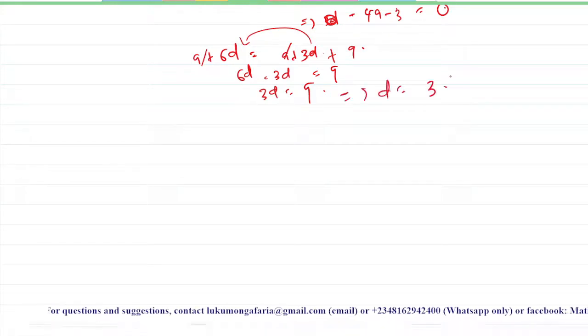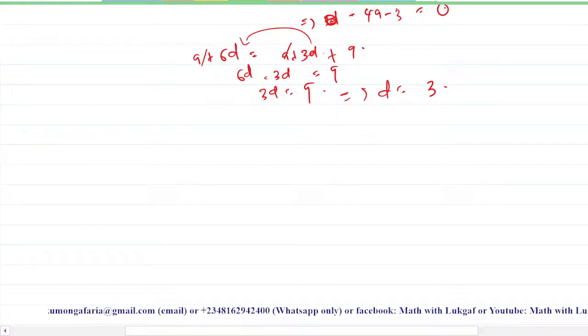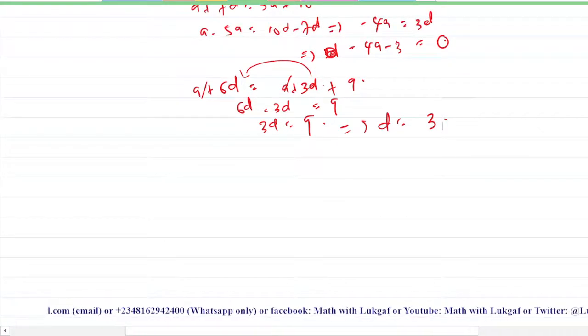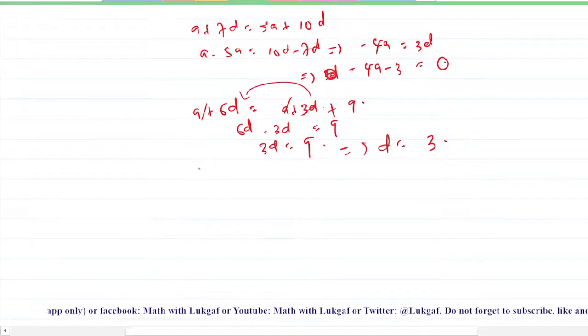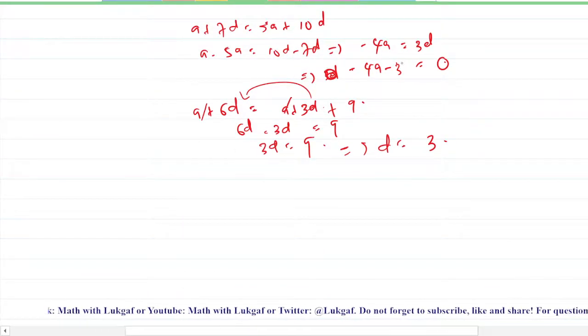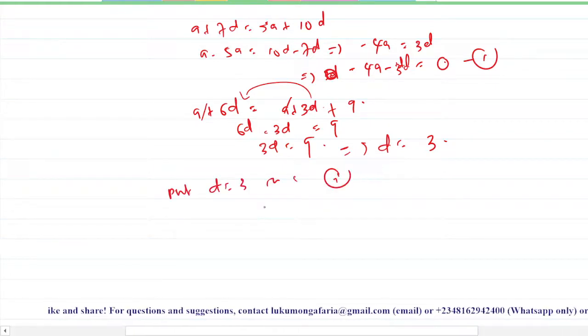So if you obtain your D to be 3, then from the first equation, maybe I call this equation 1, we have minus 4A minus 3D is equal to 0. So put D is equal to 3 in equation 1. Wherever you see D, you put 3.